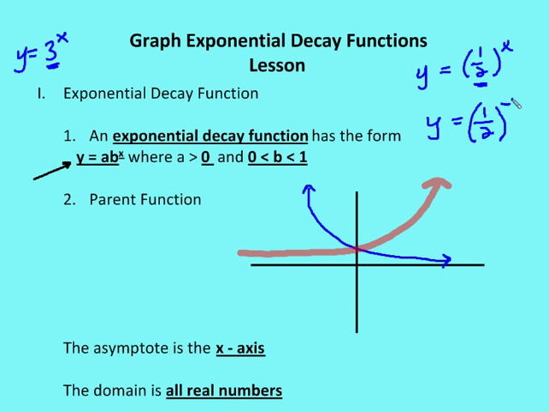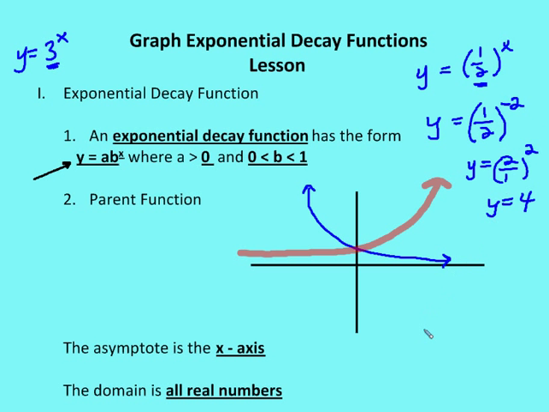So if I have y is equal to 1/2 to the -2, the negative value just says take the reciprocal of 1/2 and then square it. So if I take the reciprocal of a fraction, now I end up with a number that's greater than 1. So I have y is equal to 2/1. Now when I take the reciprocal, I remove the negative sign for the negative exponent, so it becomes y is equal to 2 squared, y is equal to 4.